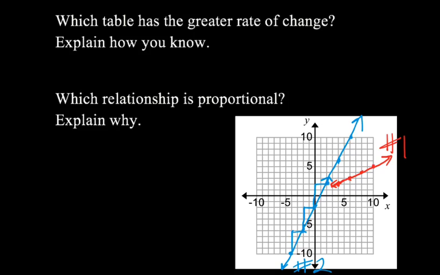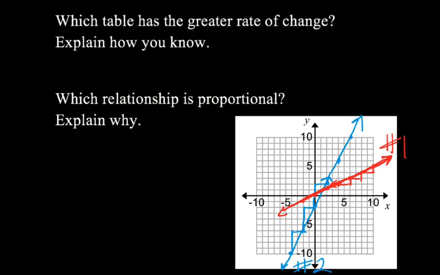Now for my red, I went up 1 and right 2, so going backwards, I go down 1 and to the left 2, down 1 and to the left 2. I can extend this line.